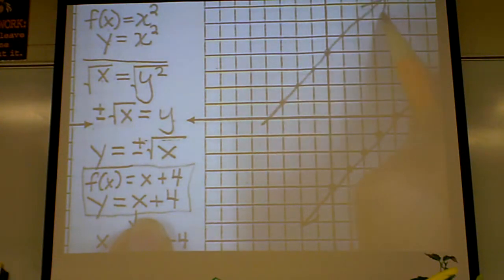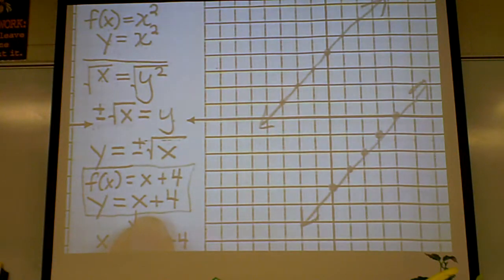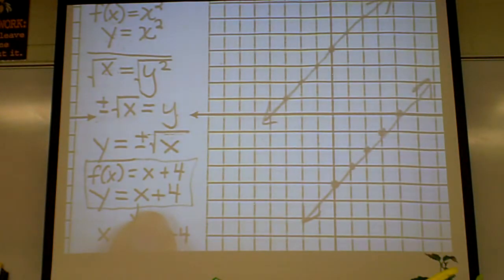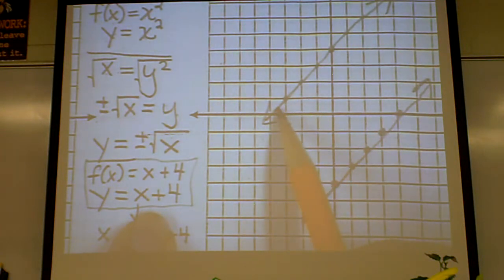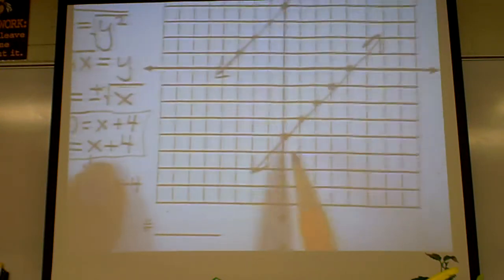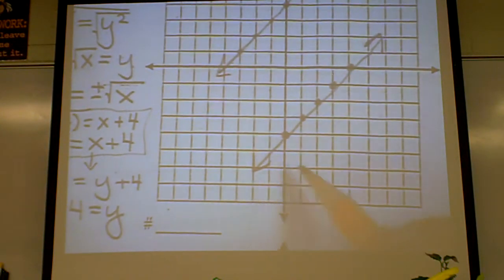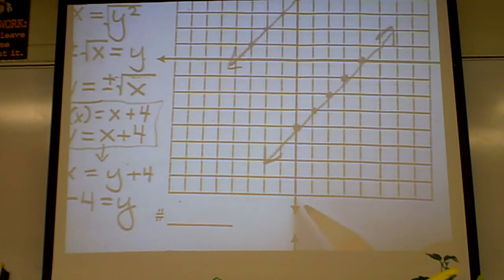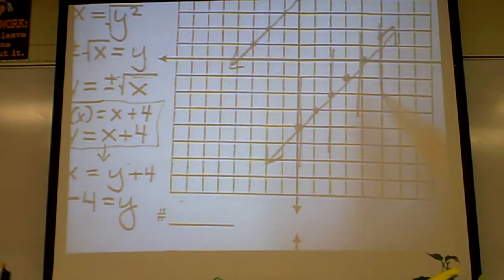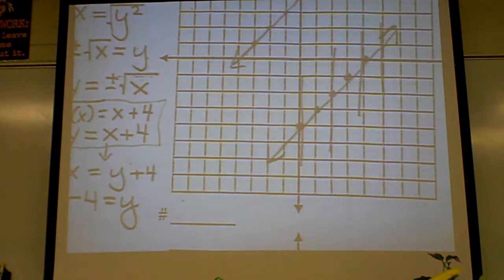These happen to be parallel lines, but one is the inverse of the other. Now, I have a question for you. Was the original a function? Yes. Is the new one a function? Yes. How do you know? Because it passes the vertical line test, and it's unique.